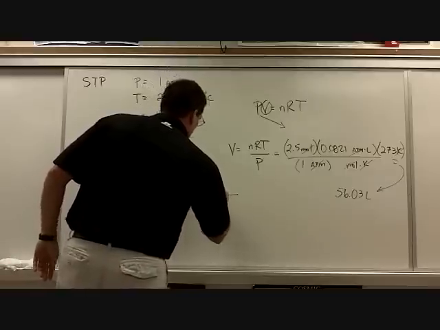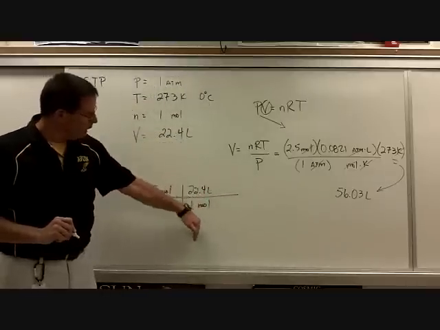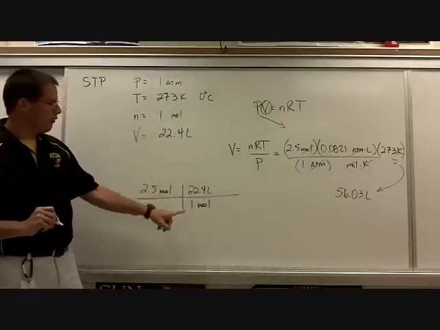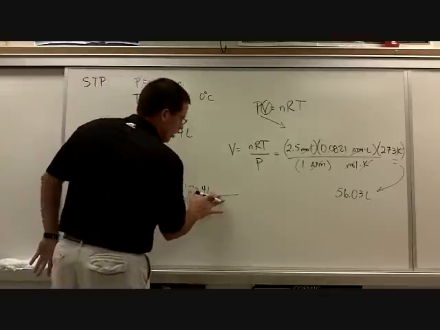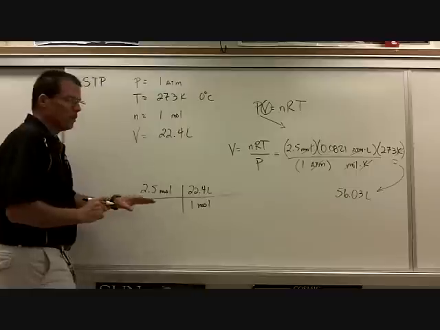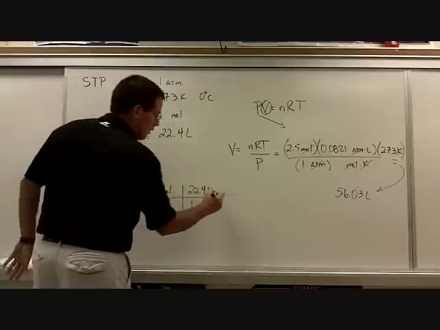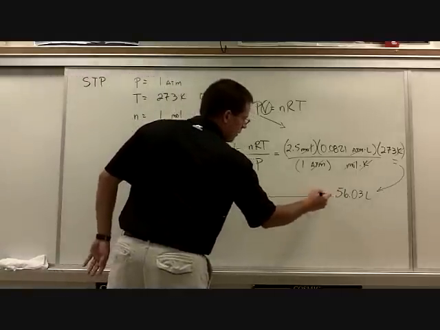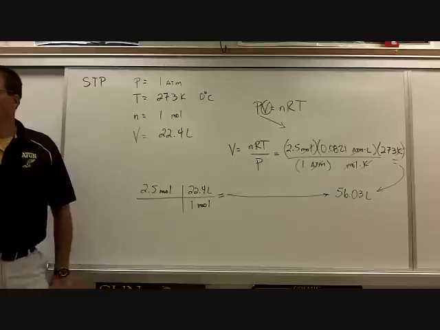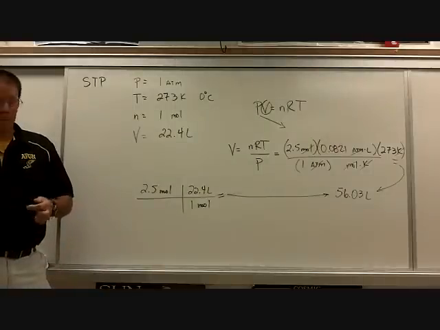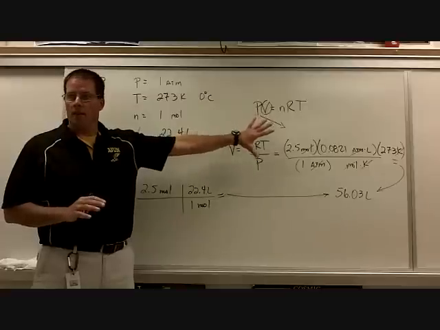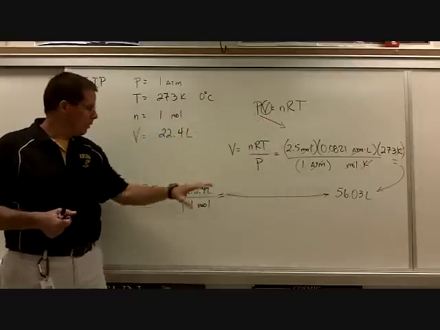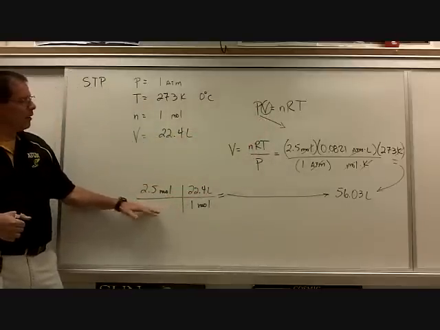And again, this is a dimensional analysis conversion for conditions at STP, and only for gases at STP. So if it's not at STP, don't even dream of using this. Bad news, it equals the same thing. So again, this way you can use it for every type of gas problem. This is only at STP.